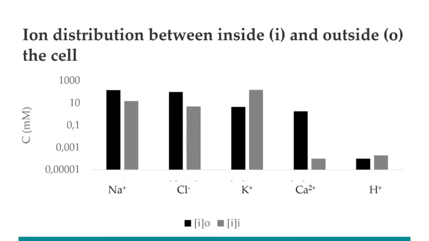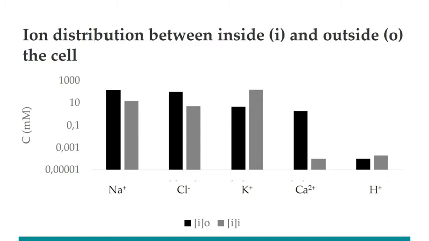If we take a typical animal cell and measure how many different ions exist inside the cell and outside the cell, we can see that sodium, chloride and potassium are very typical, and then a little bit less calcium, and even much lower concentration of protons, for example.